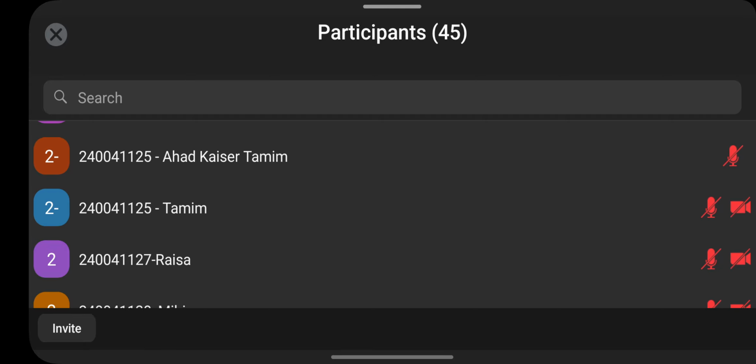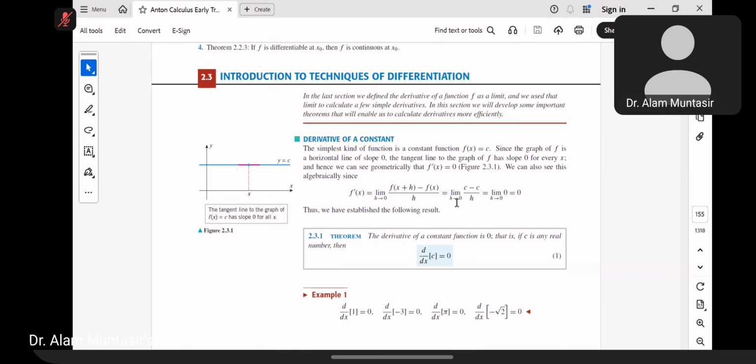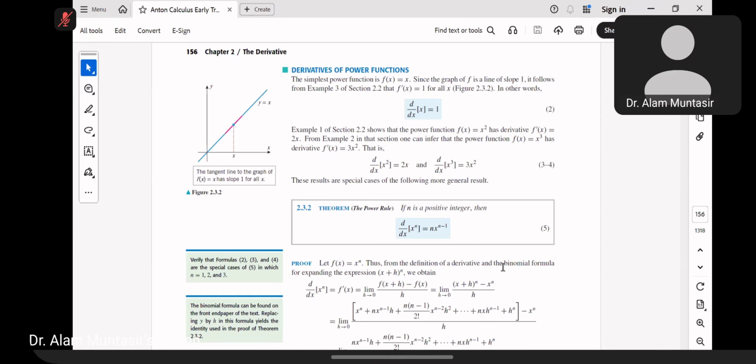In this chapter, the rules or the formulas that we studied in our intermediate level are listed, and I hope most of the problems are very familiar to all of you. The first rule is that the differentiation of a constant function is 0. So d/dx of any constant is 0. There are some examples you can check.